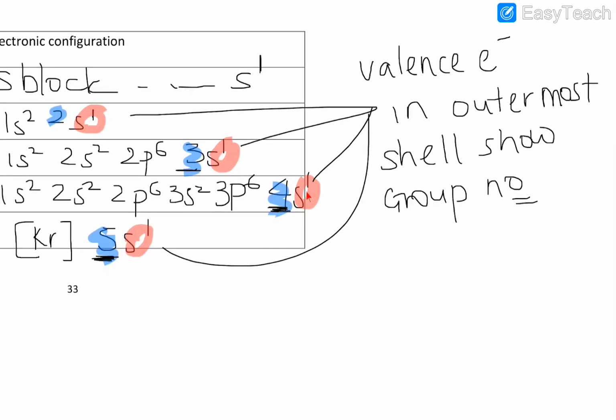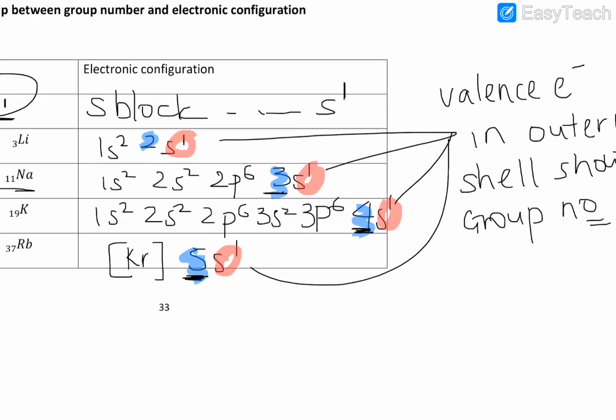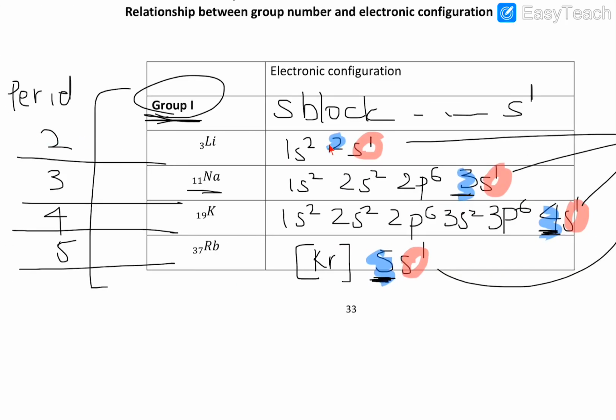If there is one electron, it shows that it is in group 1. And the period number is going to tell us the energy level that is being filled in.